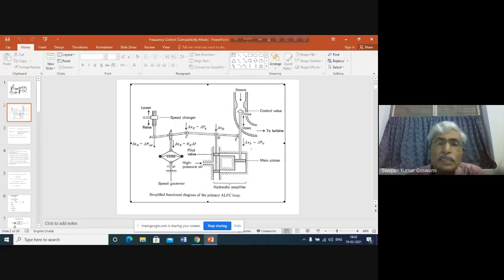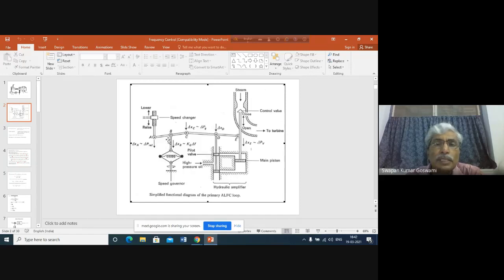Okay. Now this point B is at the pivot of this system ABC. ABC is a rigid system, a rod, and this rod is pivoted at B. CDE is another rigid link. This is pivoted at D, and this is a hydraulic amplifier. The function of this hydraulic amplifier is to apply force.